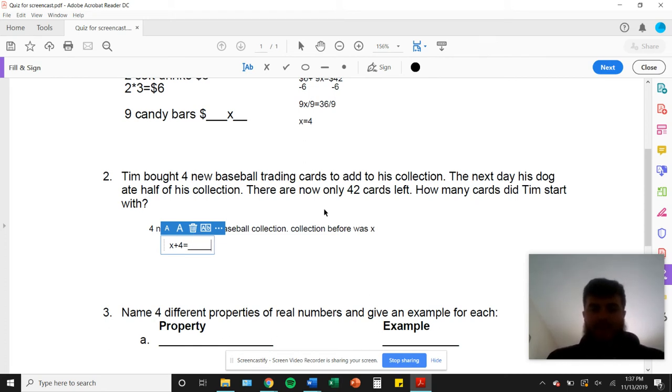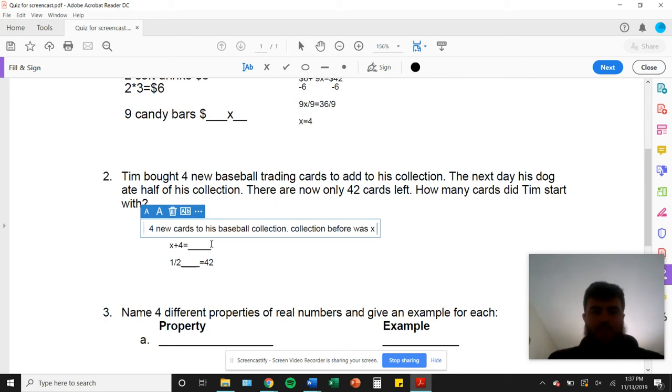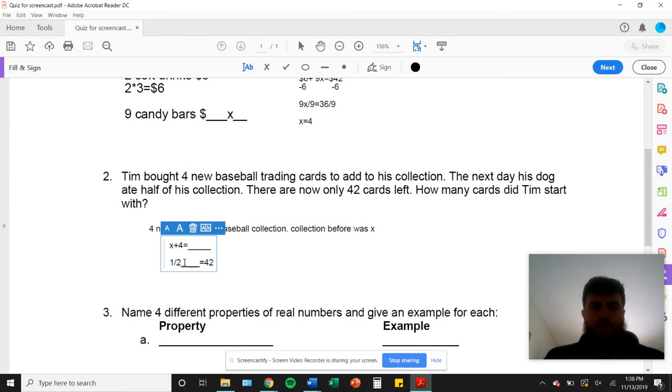And then half of that number, so we'll do 1 divided by 2, equals 42, right? We're trying to figure out what this X is, but we have to figure out this blank first. So how could I get rid of this blank?